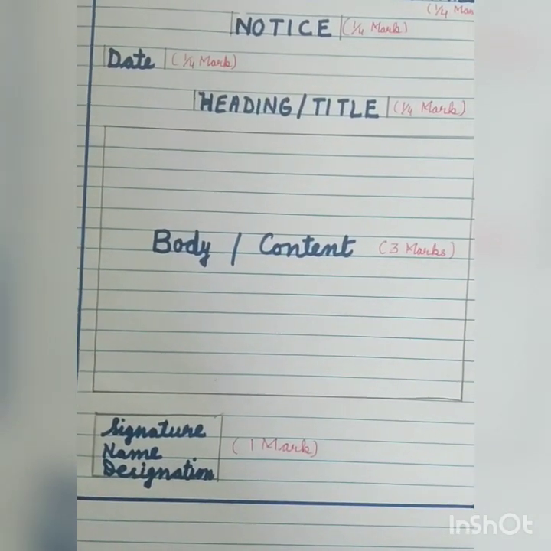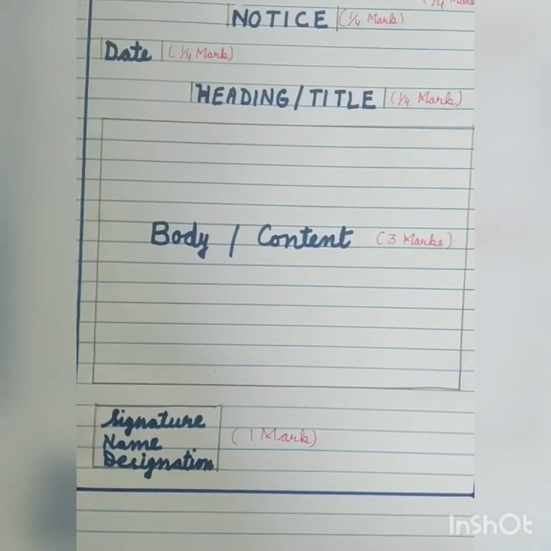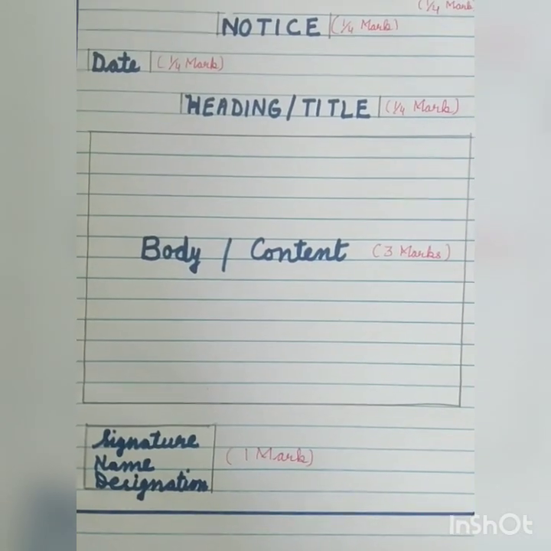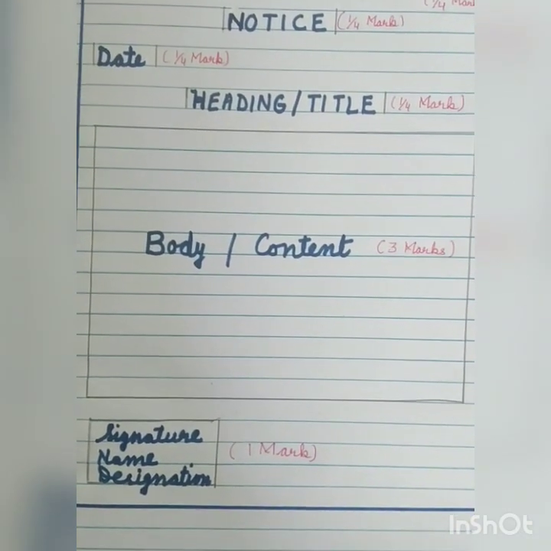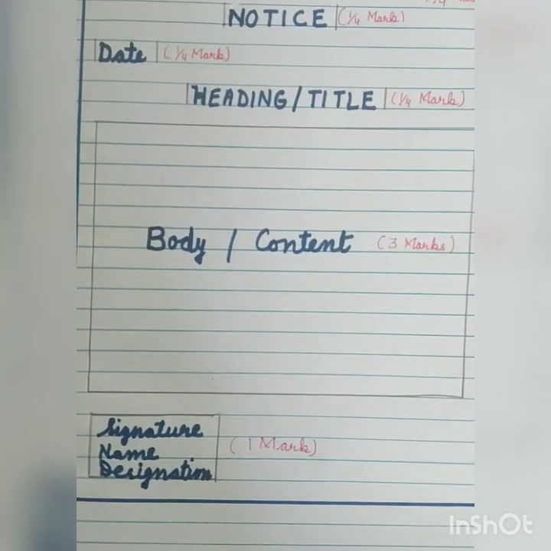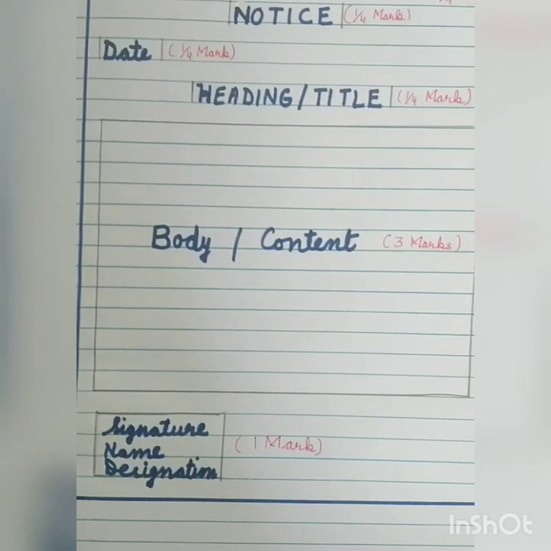What is that? That is the information, and that information has to be written in this part of the notice. The clues will be given in the question, that what message or what information has to be conveyed, that has to be written in this part of the notice.